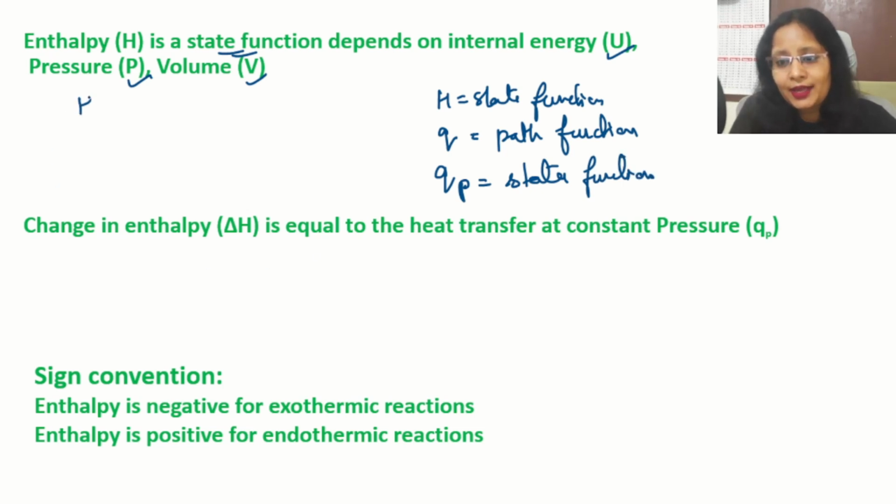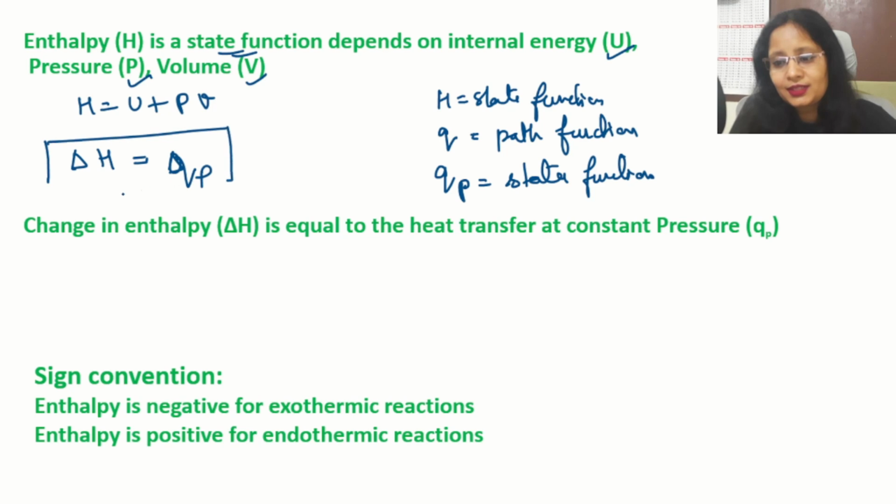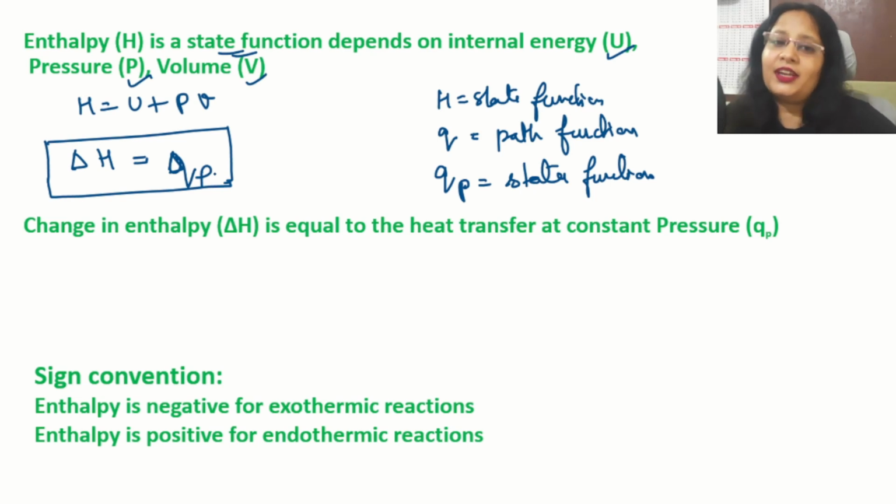Because we know that H is equal to U plus PV and delta H is equal to QP, that is, QP is equal to change in enthalpy. If enthalpy is a state function, then QP also becomes a state function.